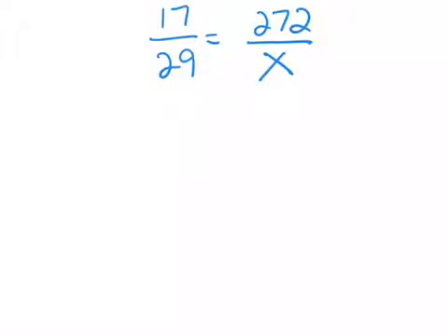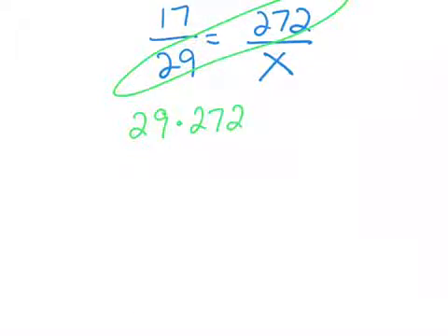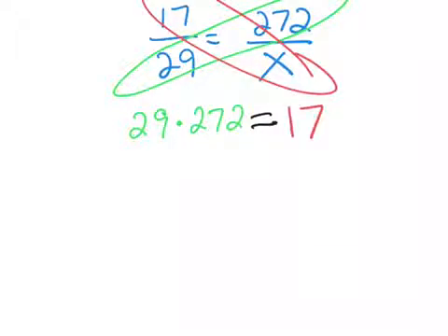This is certainly something that we can't just do in our head. So we're going to use our knowledge of cross products. This side times this side, 29 times 272, is going to be equal to this side times this side, 17 times X. And remember, when we multiply a number times a variable, we just write them pushed right next to each other.